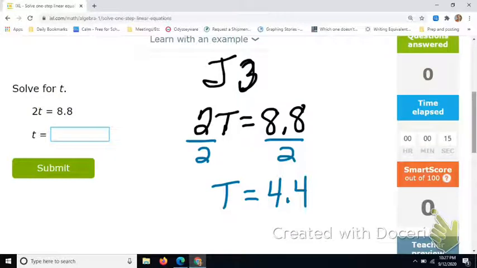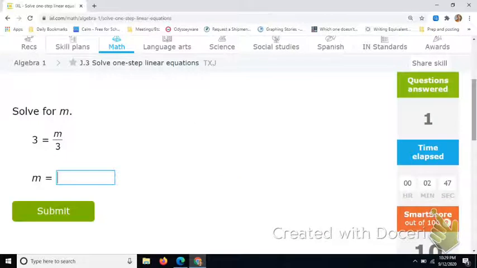So notice they're going to mix it up with the variables. This one says solve for m, and it is starting out as a division problem. So remember, fractions indicate division. Notice also the m this time is on the right. That's okay, doesn't matter. We're still trying to get it by itself.